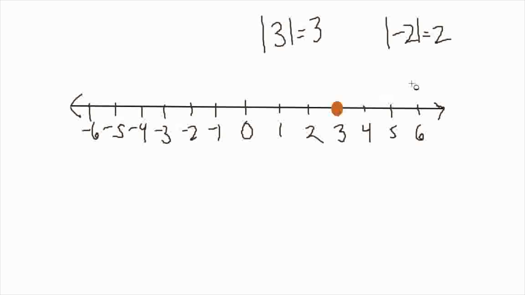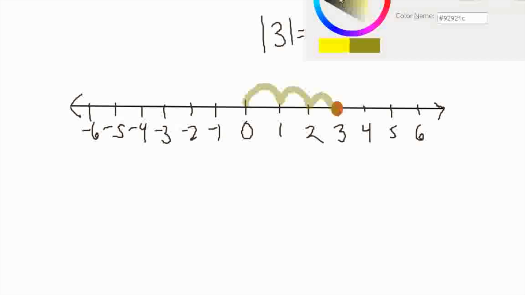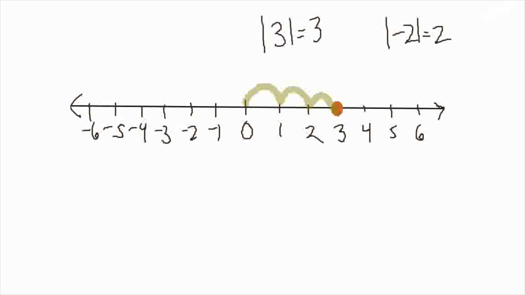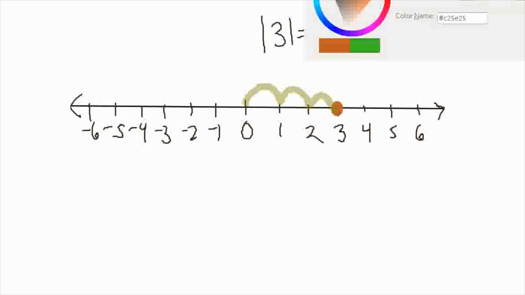If I was to measure how many hops I have to go to the 0, I have to do 1 hop, 2 hops, 3 hops, and the number of these ticks, these hops, we'll call that the distance between 2 numbers. So the 3 is 3 away from 0. That's why the absolute value is 3. That's an equivalent way to think about it. That really turns out to be more useful thinking about negatives. So let's say we are sitting on the -2.